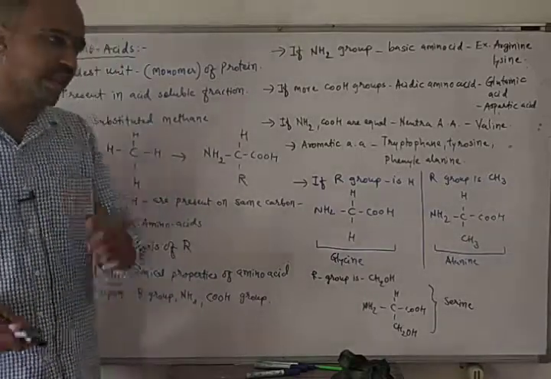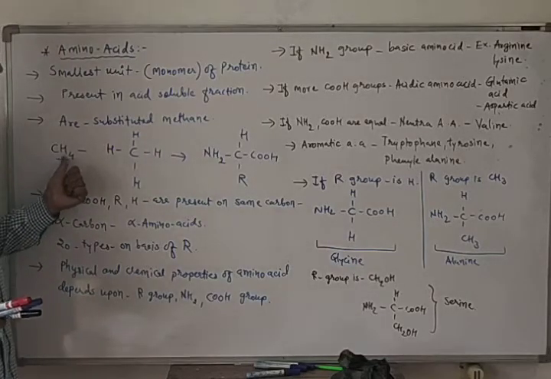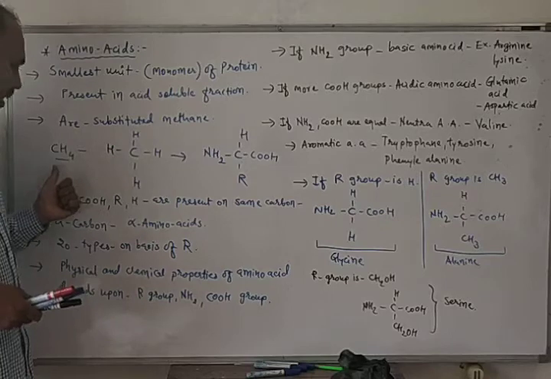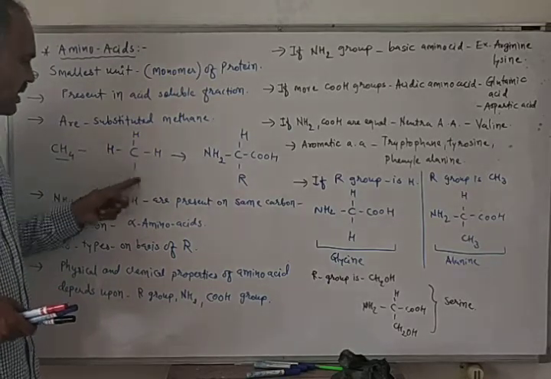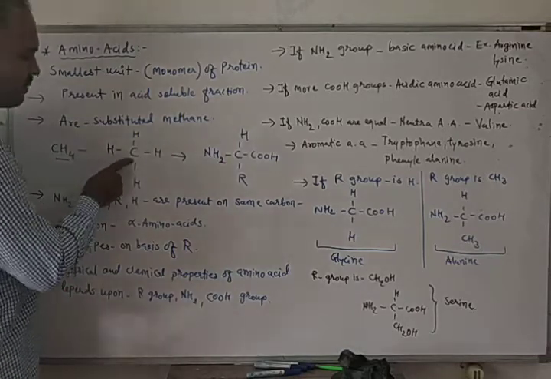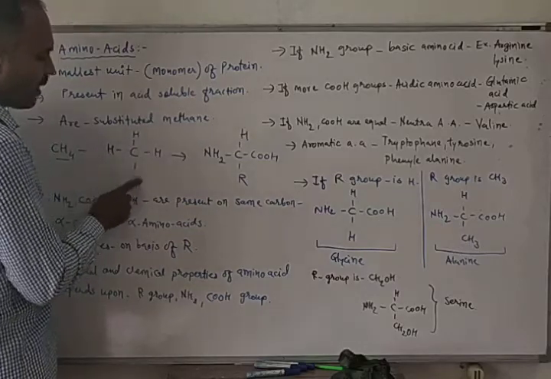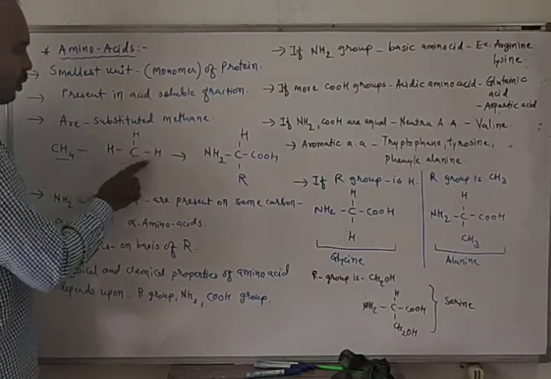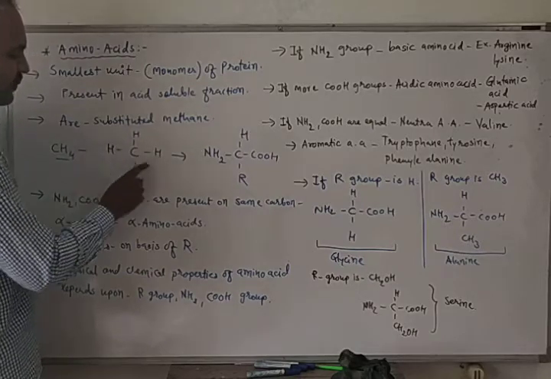The chemical formula of methane is CH4, as you all know. We can write it in this manner also: here carbon is there, and the 4 valencies of carbon are filled by hydrogen through covalent bonds.